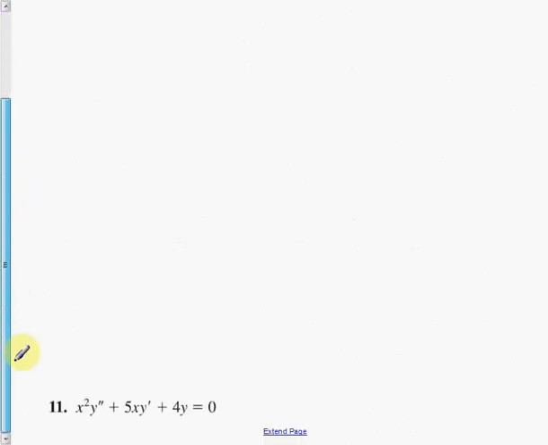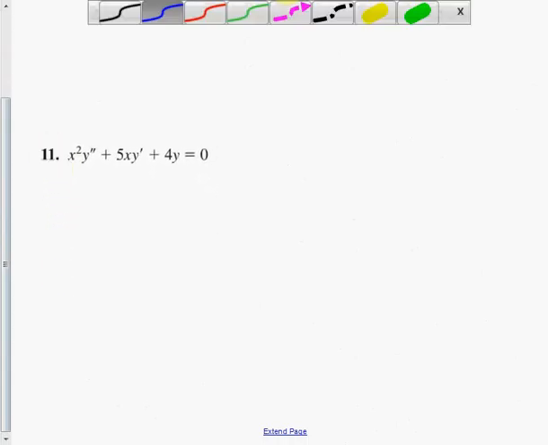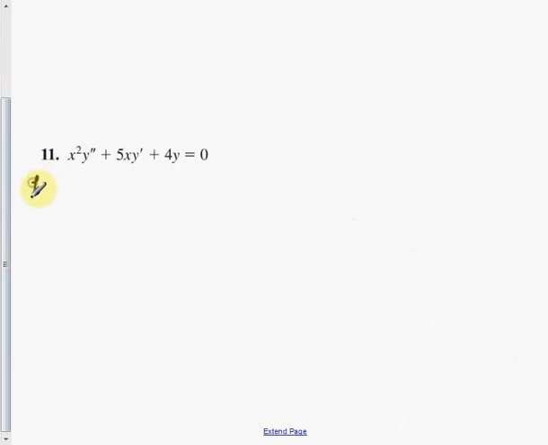Numbers 3 and 11. Let's do number 11, and then you can do the other one as part of the homework anyway. So we start off with these. Let y equal x to the m.